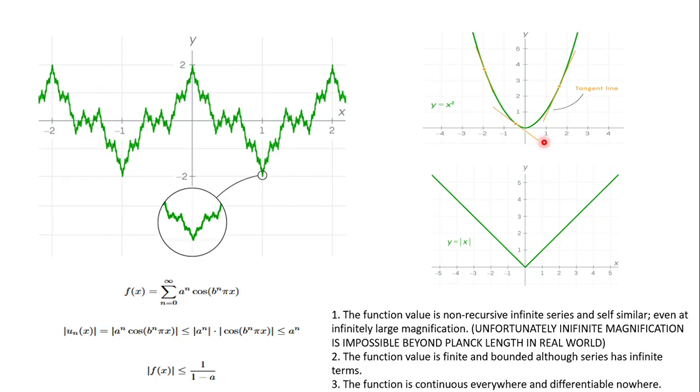What it says is that if it's a smooth curve, there exists a tangent, and this is just high school calculus. So it's not differentiable at a sharp point, and essentially all points are sharp points. So it's differentiable nowhere.